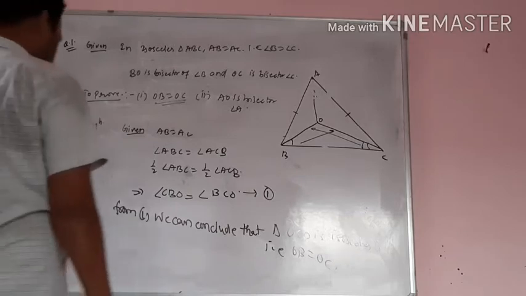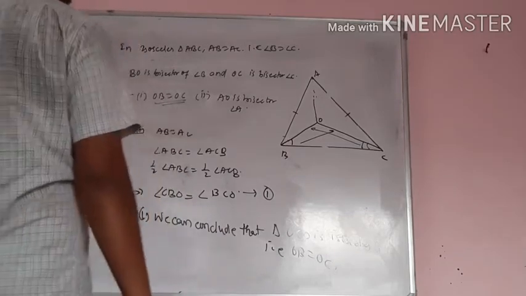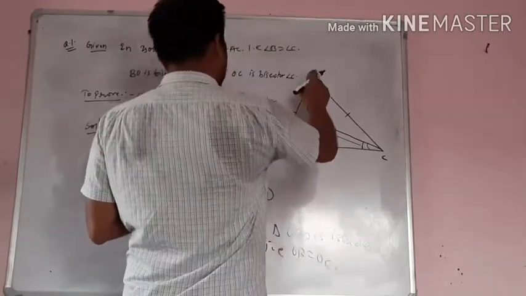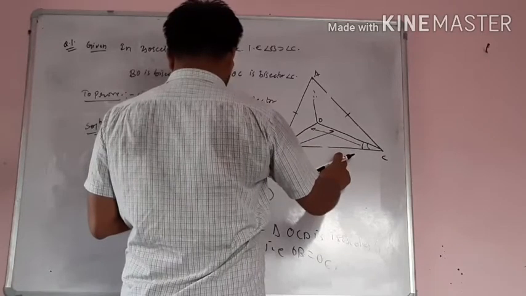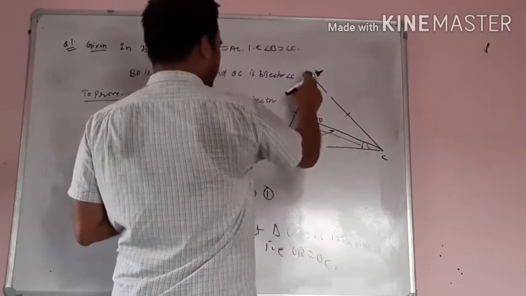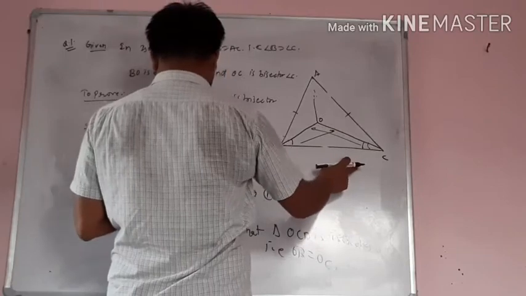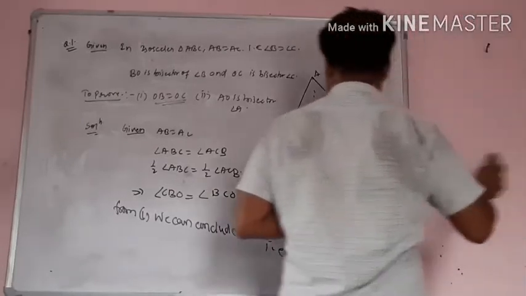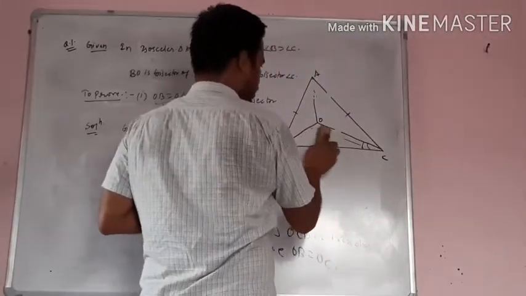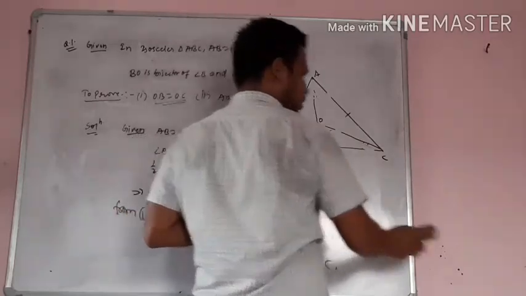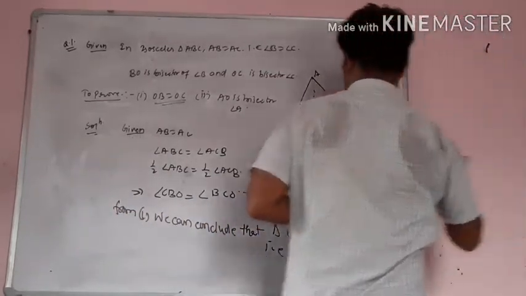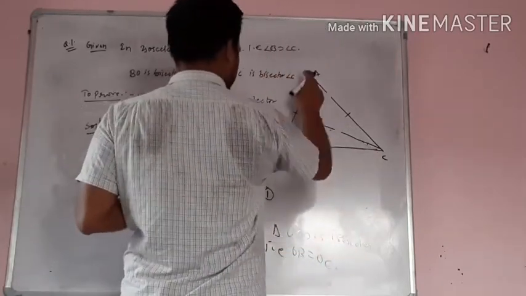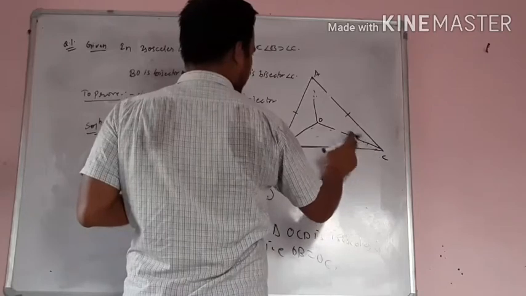Now see what we will have when we take again half of angle ABC and half of angle ACB.